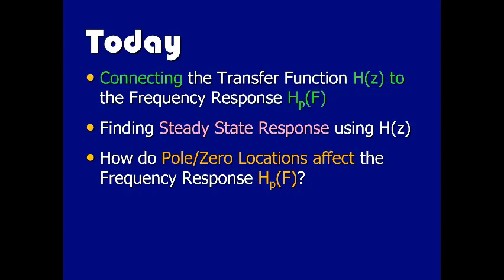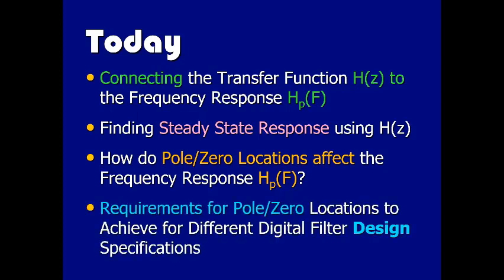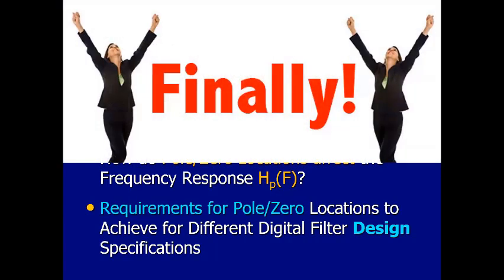And as part of that, we'll introduce a new graphical method for connecting those two. And then ultimately lead to the requirements of pole zero locations that we need to achieve different digital filter design specifications. So finally we get to the place where we have enough analytical knowledge, enough understanding of the interrelationship of these different descriptions, to start not just analyzing systems, but designing them.